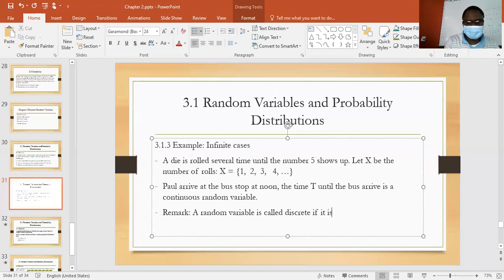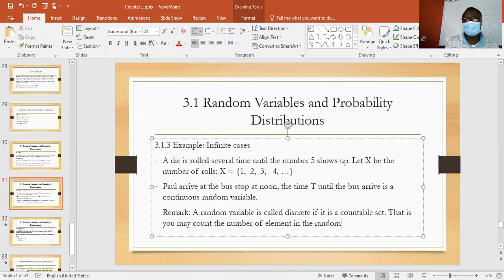If it is a countable set, that is, you may count the number of elements in the random variable. So it is finite if it is a finite set.